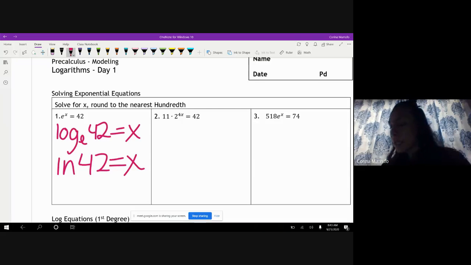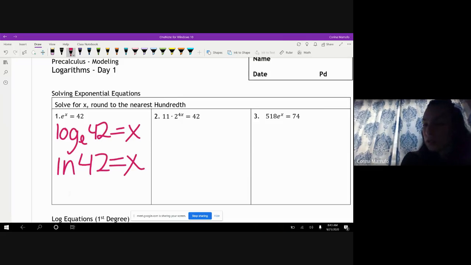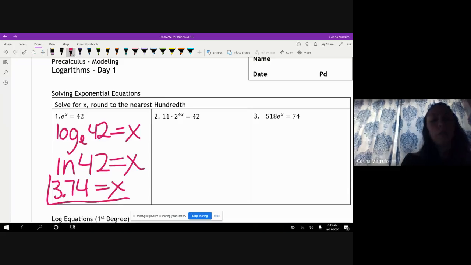You can put that in your calculator. So ln of 42 gives me 3.74 equals x. And that's it.